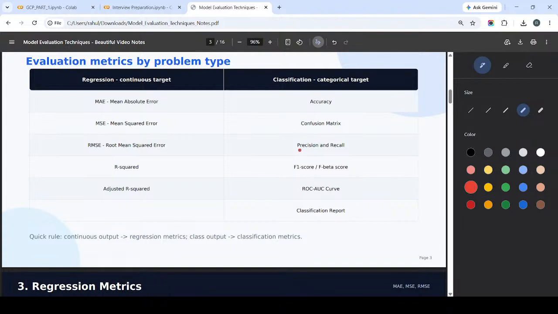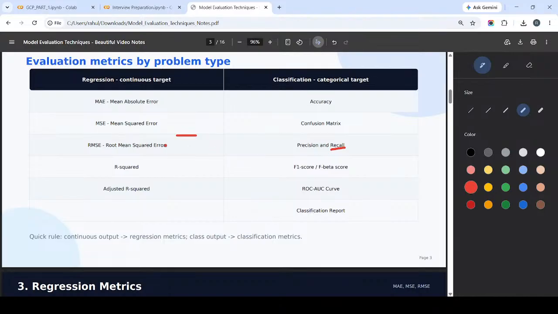Now comes precision. Sorry, before precision we go to recall. So what is recall? It is the ratio of correct positive predictions to the actual number of positives in the sample.